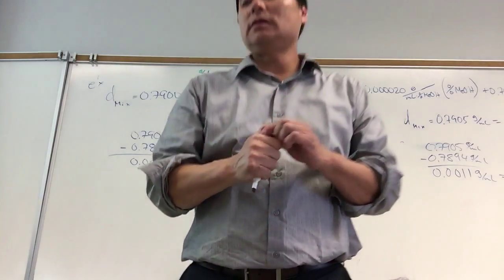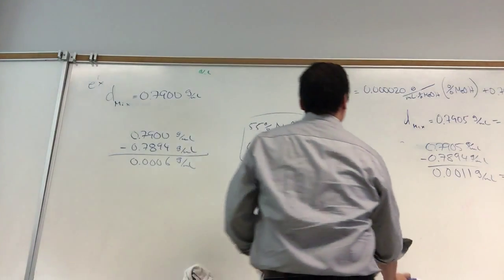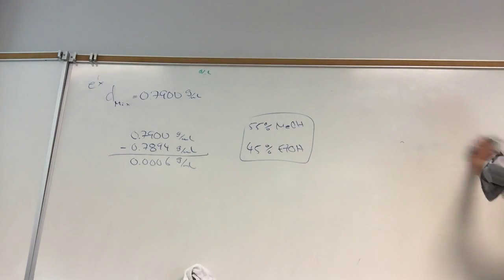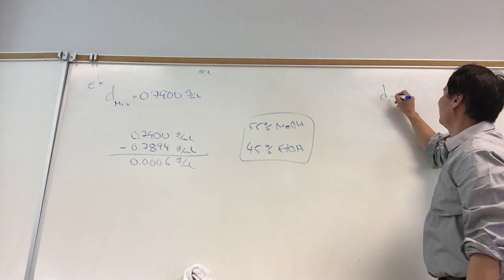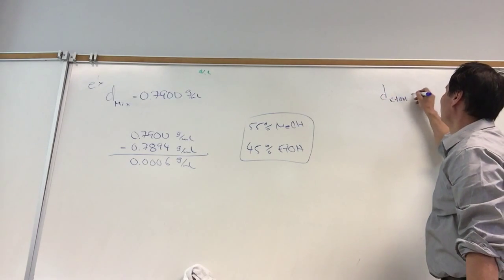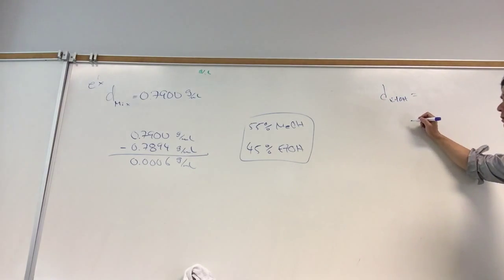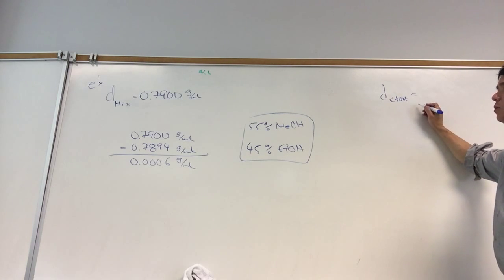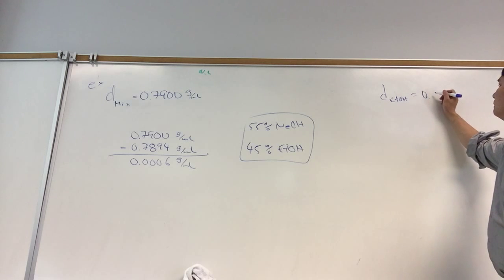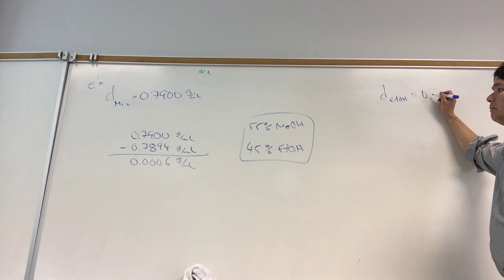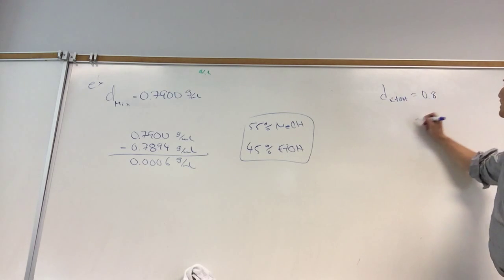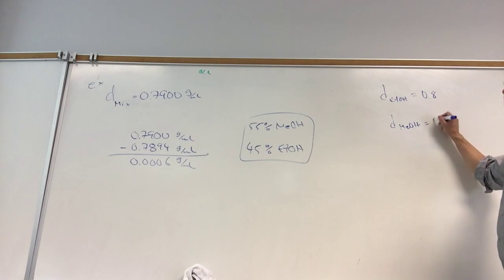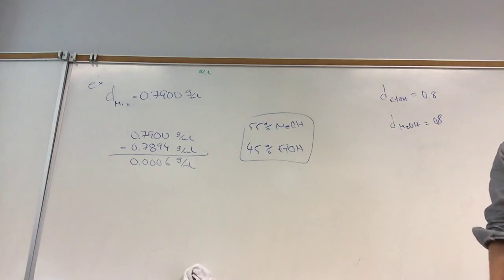Think about this. If the density were known for both of these to only 1 sig fig, let's say the density of ethanol, what is the density of ethanol to 1 sig fig? Not 1. 0.8. And the density of methanol to 1 sig fig? 0.8. Do you see round off error occurring?